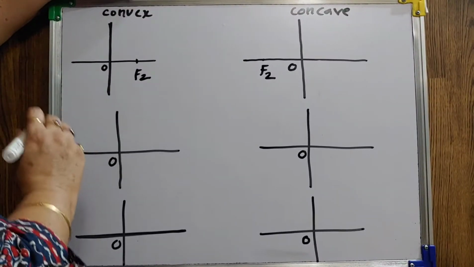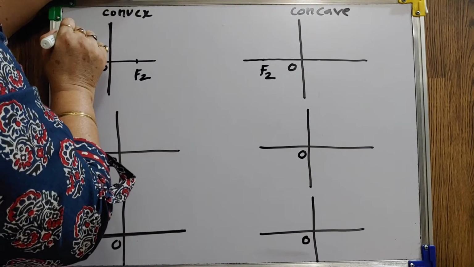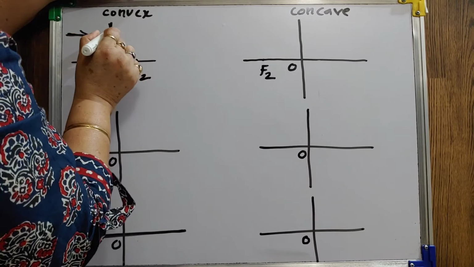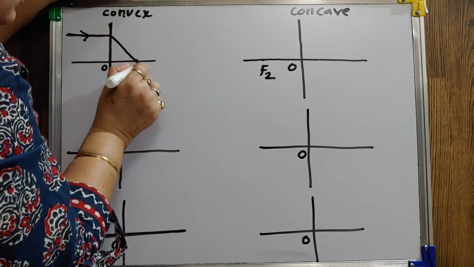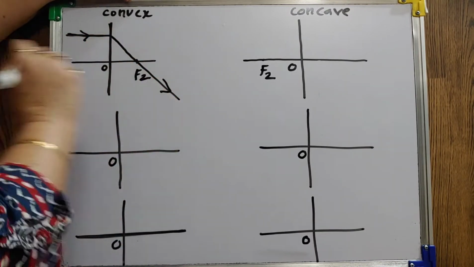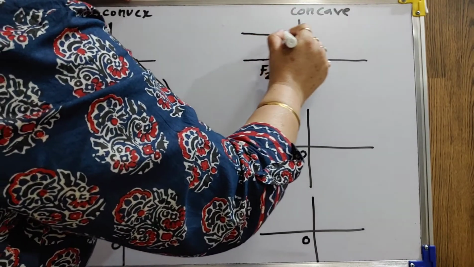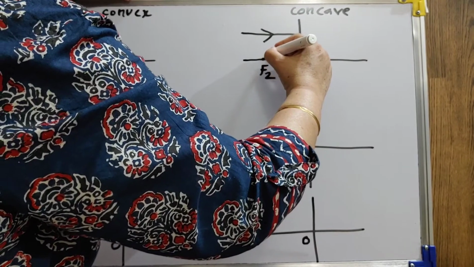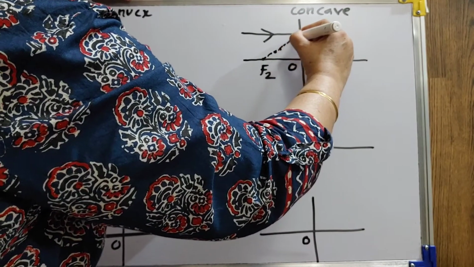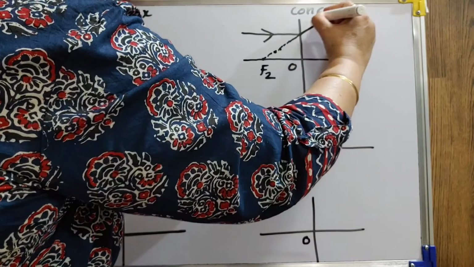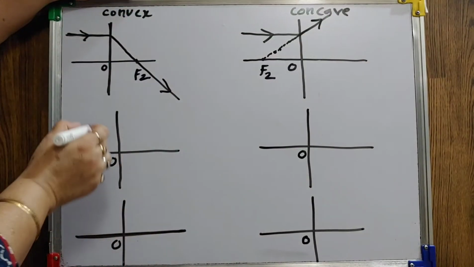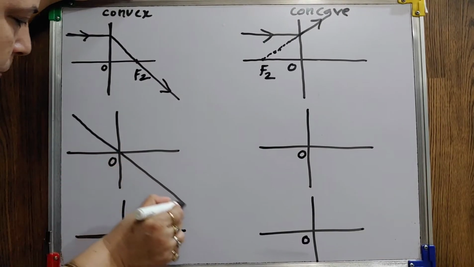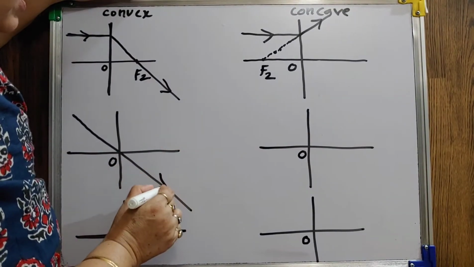Now, for drawing the ray diagram, this concept is a must. For convex, a line parallel to the principal axis after refraction passes through f2. While in concave, a line parallel to the principal axis diverges but in such a way that it appears to emerge from f2. Second ray: from the top of the object, passing through the optical center.